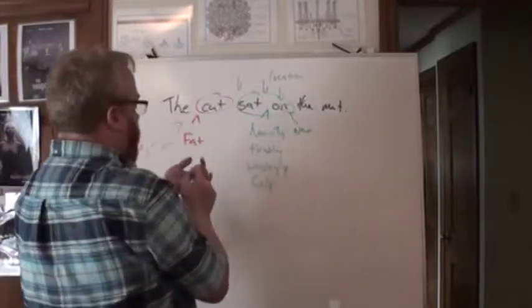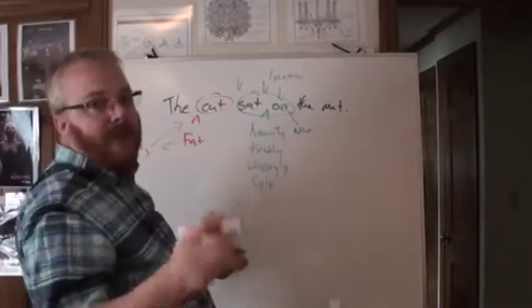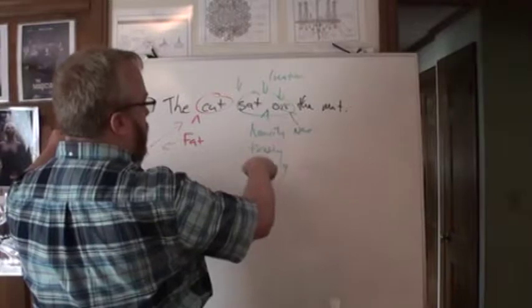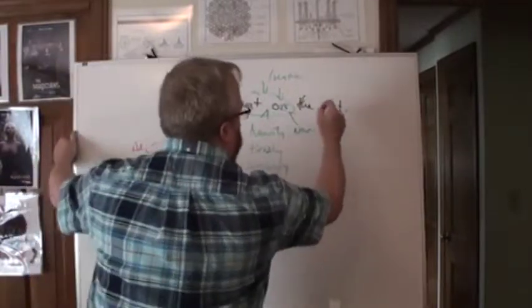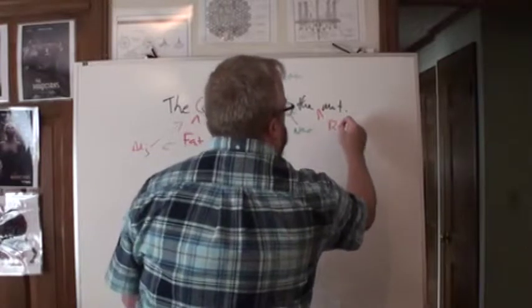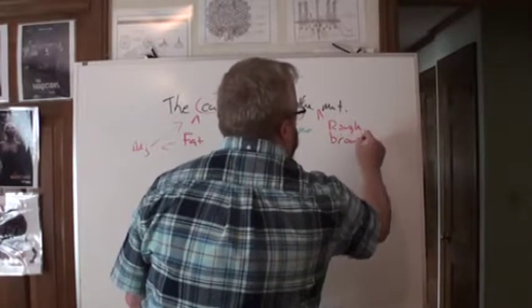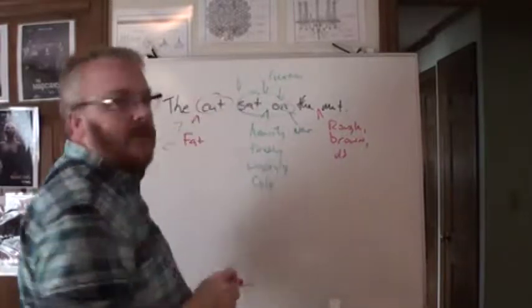And then finally we've got this final noun, and we can modify it as well. And so the fat cat sat heavily near the mat, and so here we're going to add something, and in this case it could be rough, comma, brown, comma, old mat. Okay?